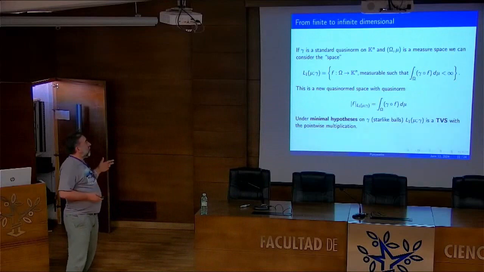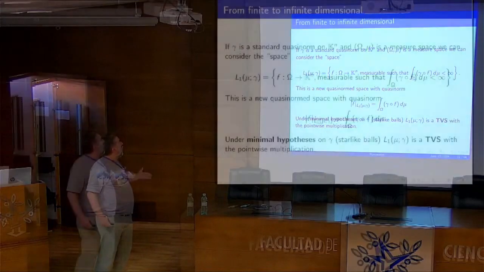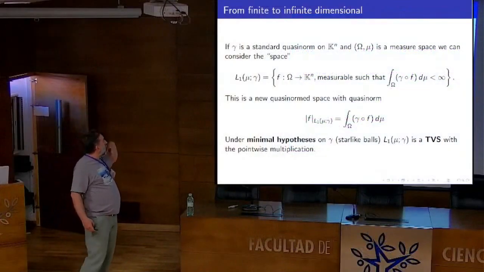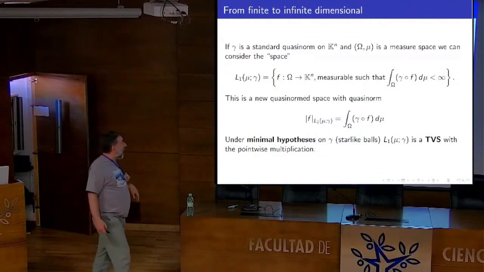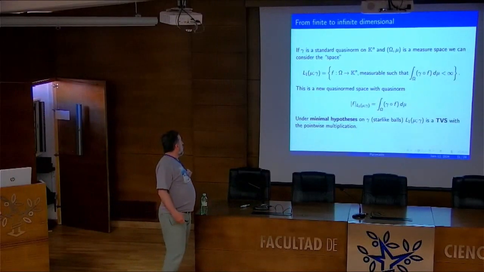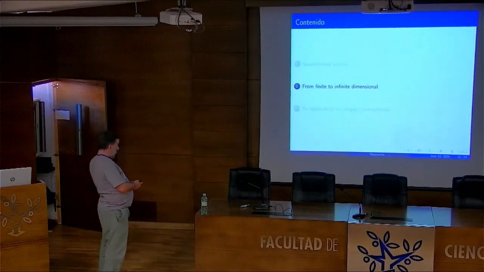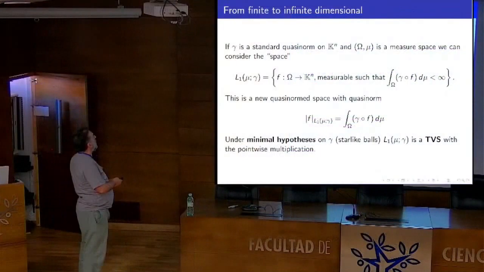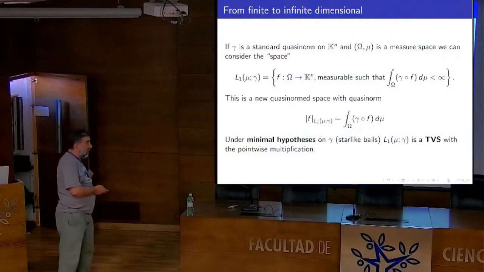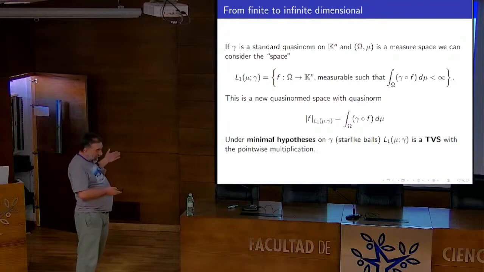And this is the quasi-norm of the function. Then, okay, we need some hypothesis on the quasi-norm, for example, that it has star-like balls, to get that this infinite dimensional object is a topological vector space, but just using the pointwise multiplication.